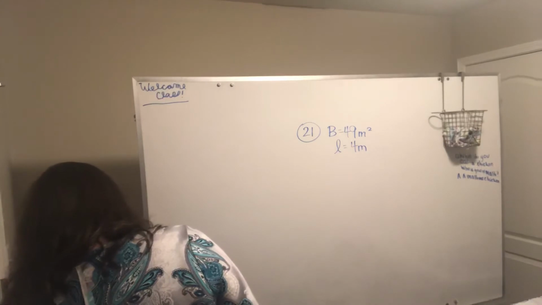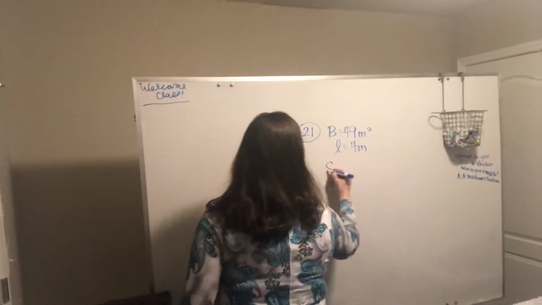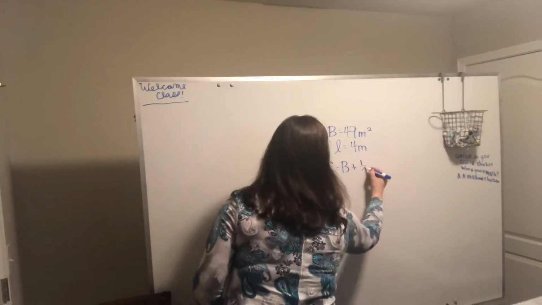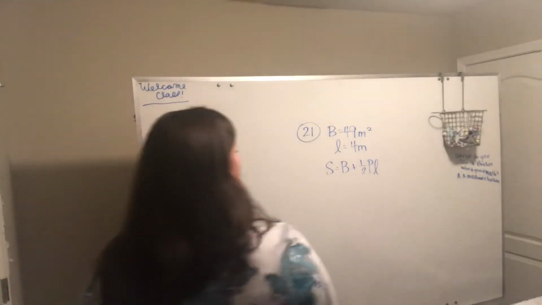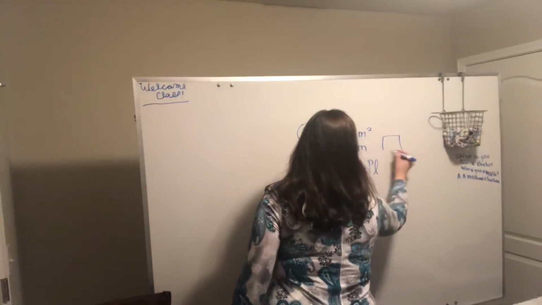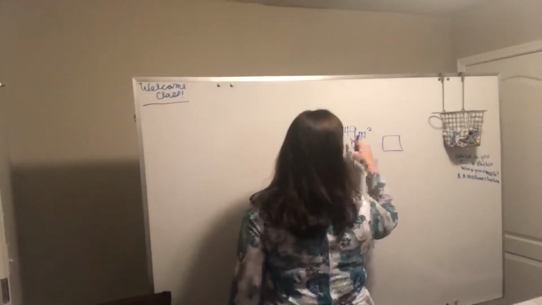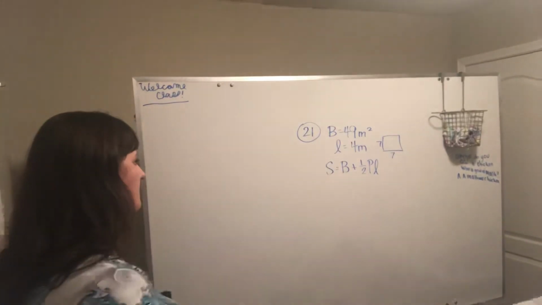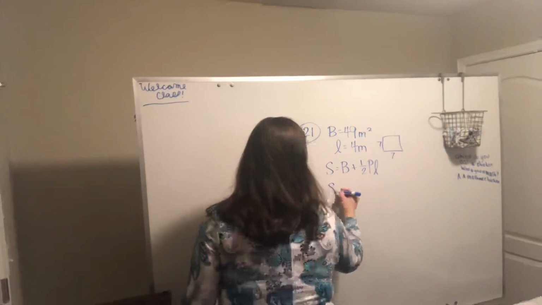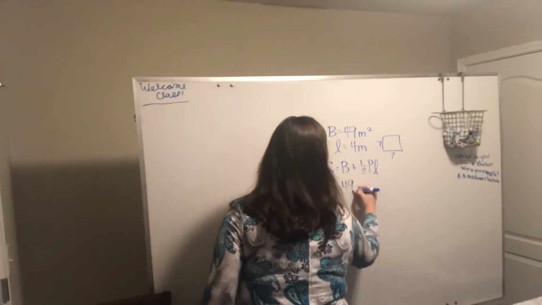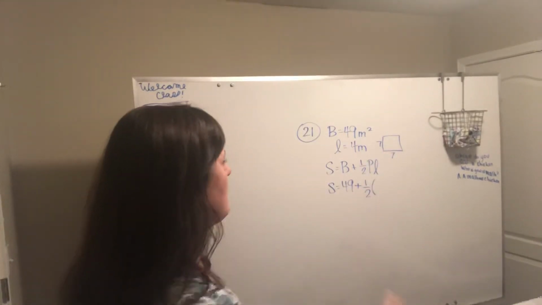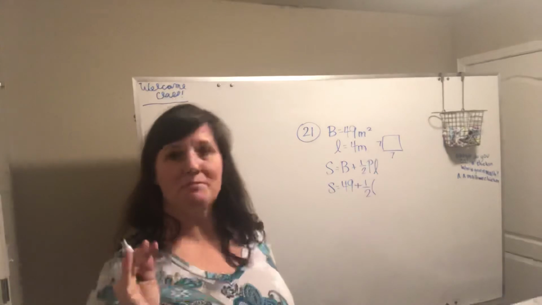Okay, so for this square pyramid, we have our formula: base plus 1/2 perimeter times the slant height. I know I have a square base, so just think about it. If the area of it is 49, that means my sides there are 7 and 7. Okay? So, surface area, the base is 49, plus 1/2 the perimeter, 7 plus 7 plus 7 plus 7.